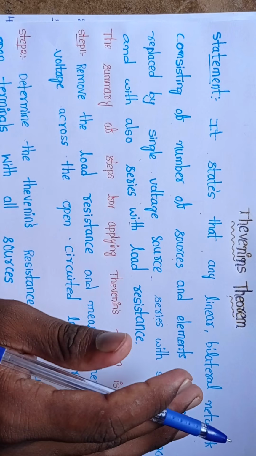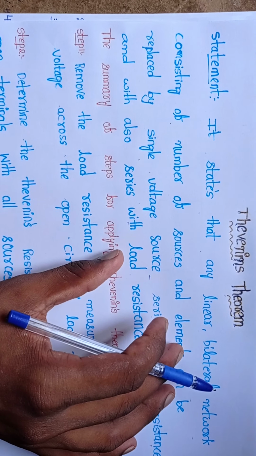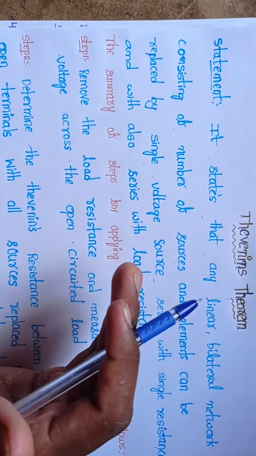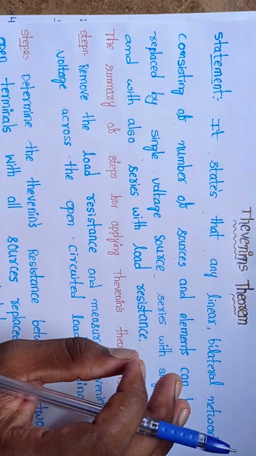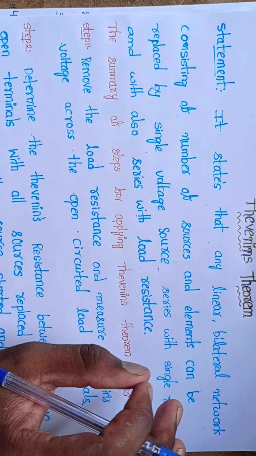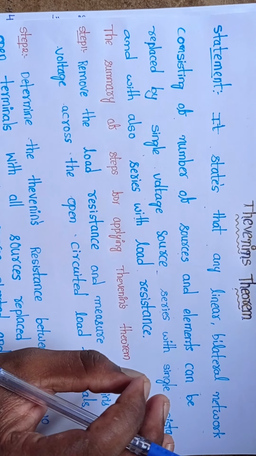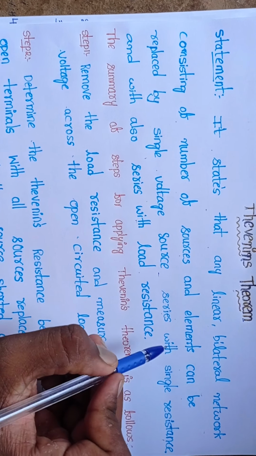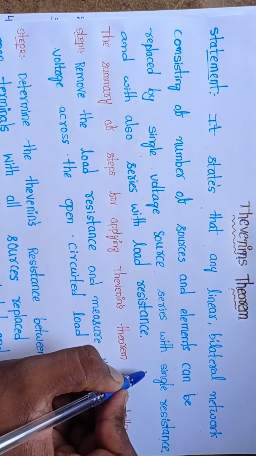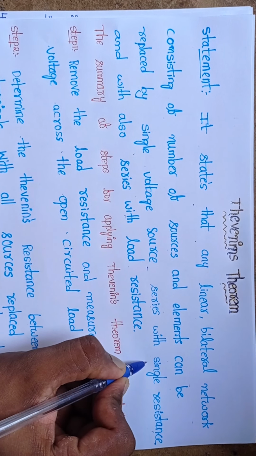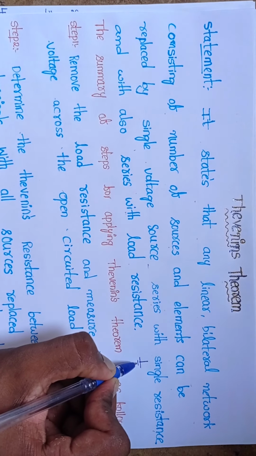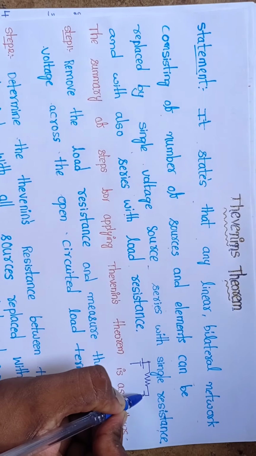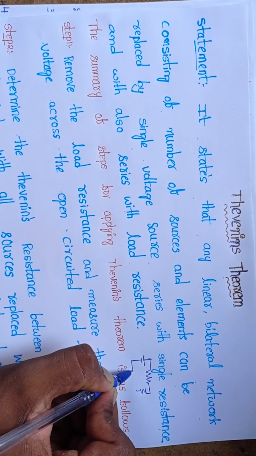Which means Thevenin's theorem states that if we have a circuit that consists of any number of elements or sources, it can be replaced by a single voltage source and a single resistance, connected in series, and the load resistance also connected in series. It means the Thevenin circuit looks like this: a single voltage source in series with a single resistance and in series with the load resistance.